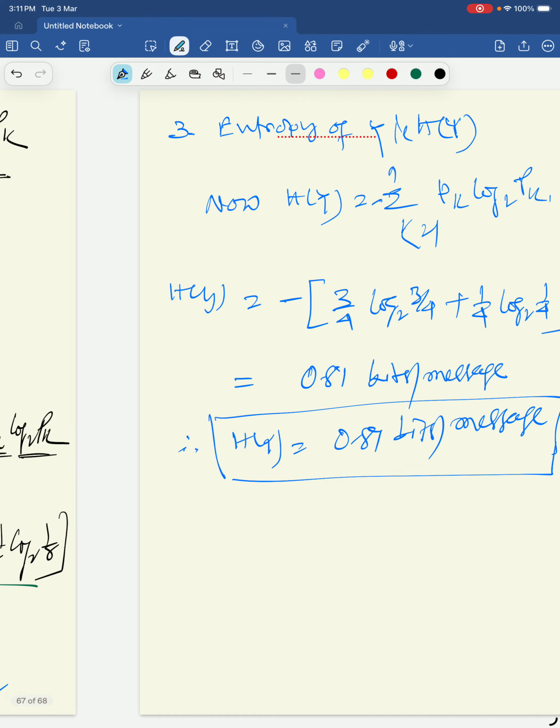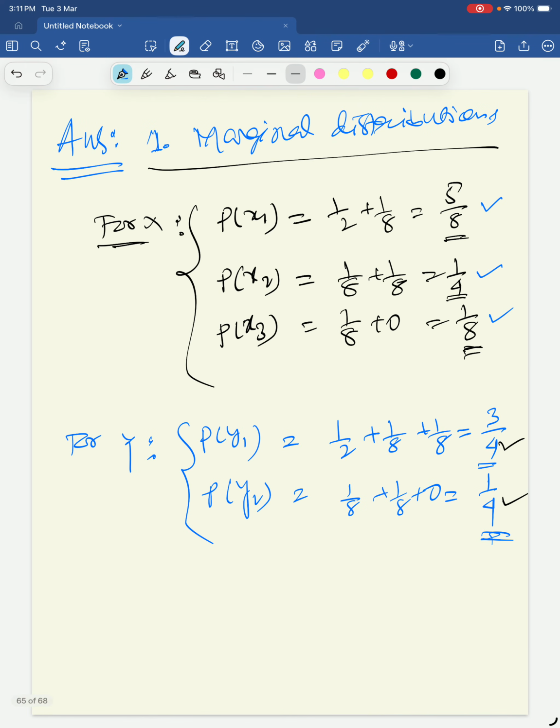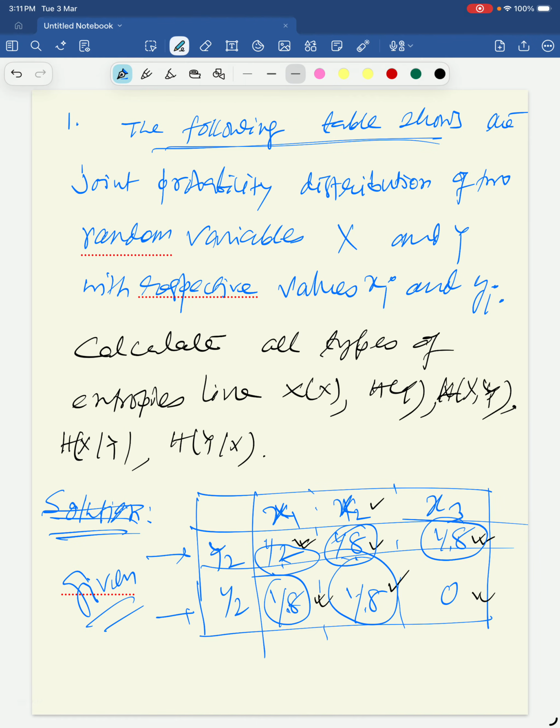Here x1 y1, x2 y1, x3 y1, this element, then x1 y2, x2 y2, x3 y2. That will be the values, like this.